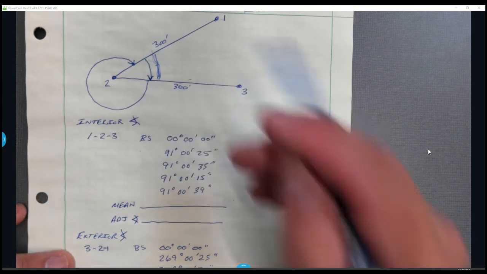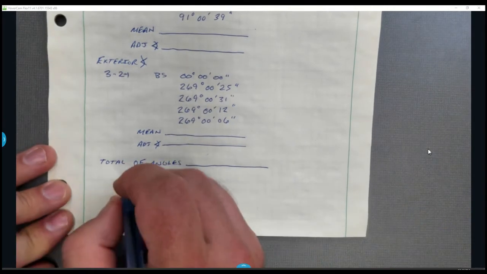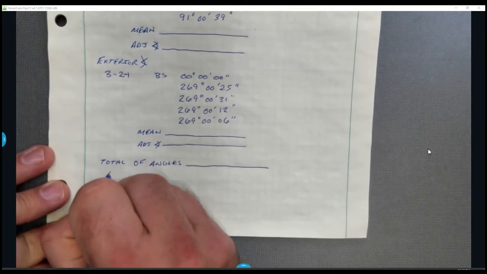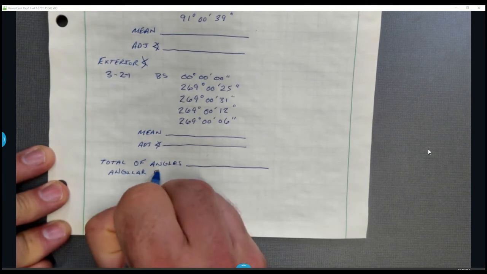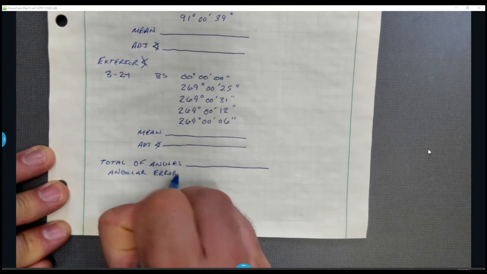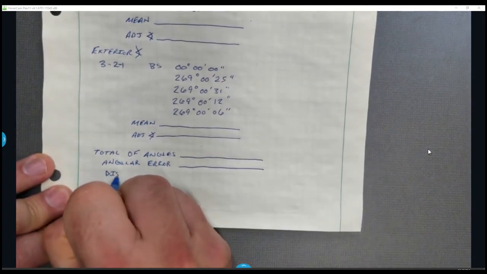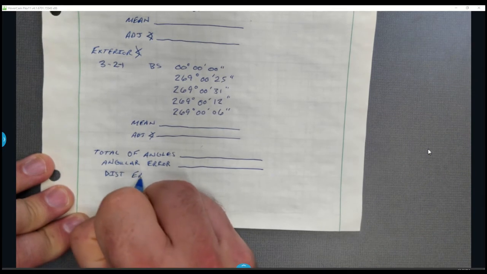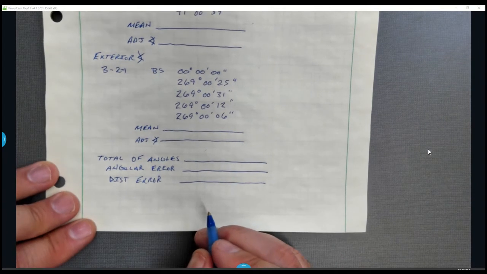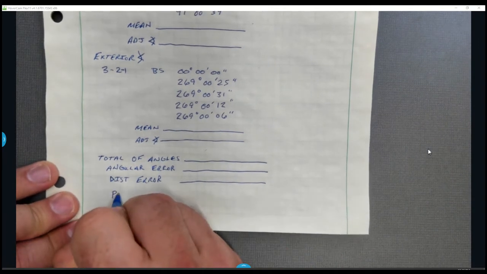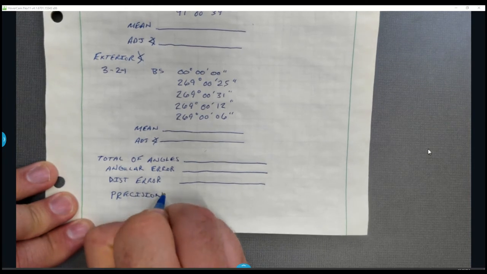So we're going to have to adjust those angles, okay? So total of the angles, and then the angular error. The distance error. And precision. So those are things we're going to find.